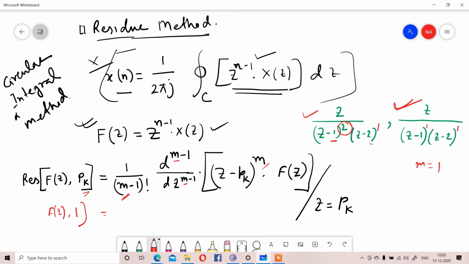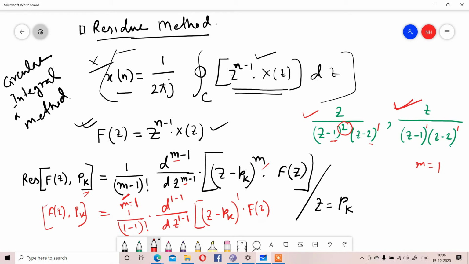So keep in mind, if we replace the value m by 1, the formula becomes 1 by 1 minus 1 factorial, d to the power 1 minus 1 by dz to the power 1 minus 1, multiplied by z minus pk to the power 1, fz, where z equal to pk.